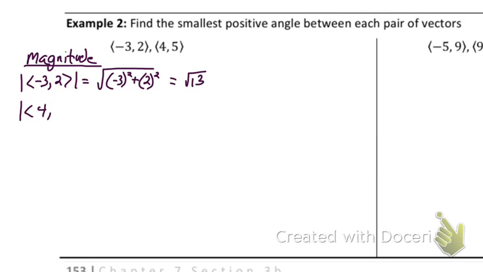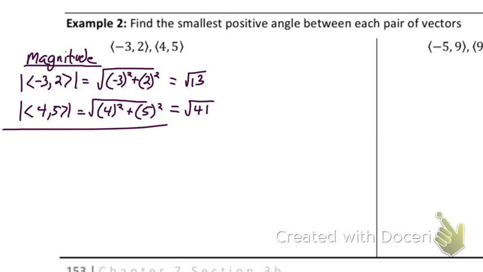The magnitude of (4, 5) is going to be the square root of 4 squared plus 5 squared. That's 16 plus 25, which is going to be the square root of 41. So you kind of think of that as just a little bit of side work.